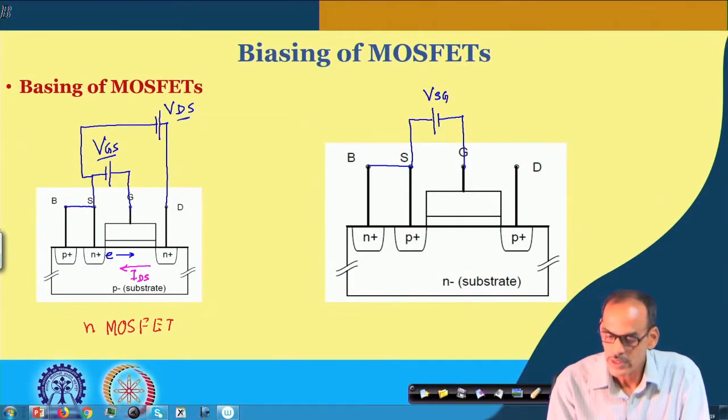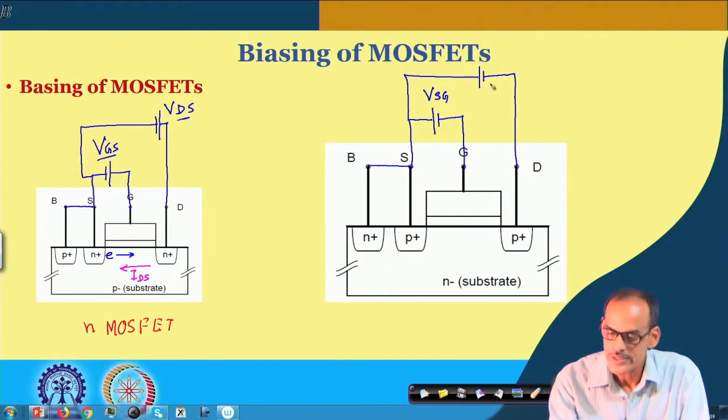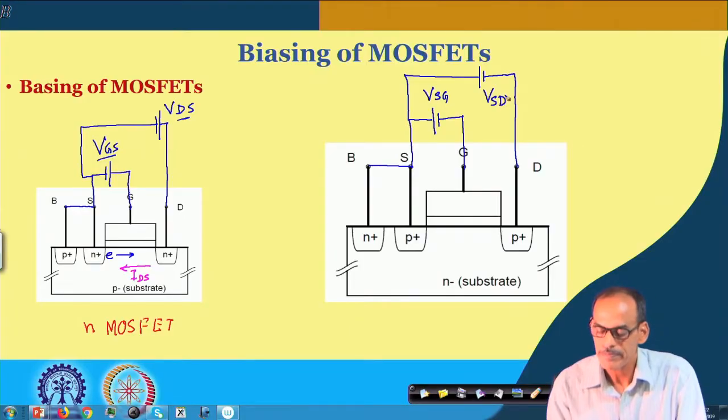and on the other hand, at the drain we can apply a negative voltage, so that, anyway, I will discuss that. Since this is the source side, it is at higher potential, we call this VSD.